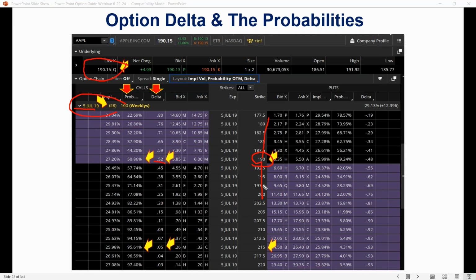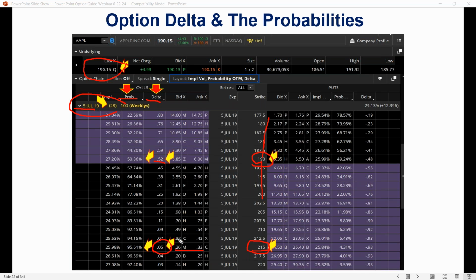Now, let's say we go way out to the 215 strike. You can see under delta, which is probability out of the money, the delta shows a 5. You can look at this a couple of different ways. The way I would look at it is, if you bought that 215 strike, you can see it's going for like $26 or $30.